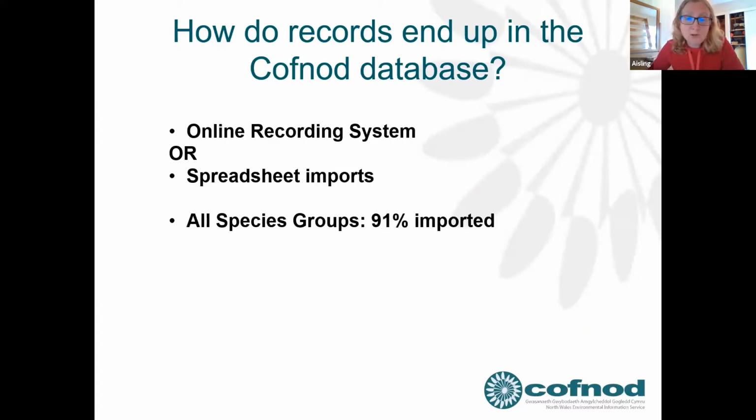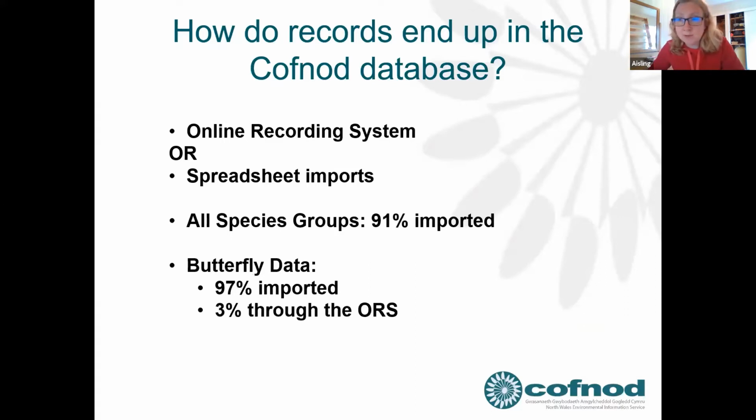So if you look at the whole database, over 90% of the records are imported from spreadsheets. With butterfly data, it's a bit higher than that actually, with only about 3% going through the online recording system. But still over 8,000 records, so still very important.